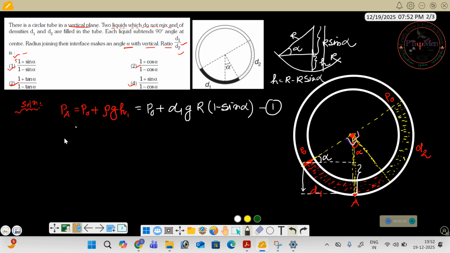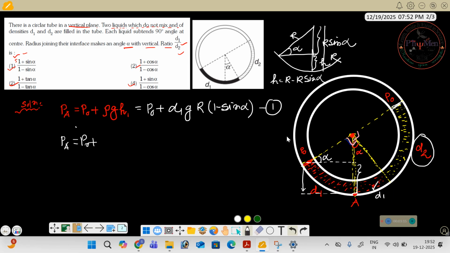Next, I can also write the pressure at point A as P0 plus the pressure due to this column of the liquid. But on the right side, this contains two parts. One part is from the liquid of density D1 and the other part is from the liquid of density D2.